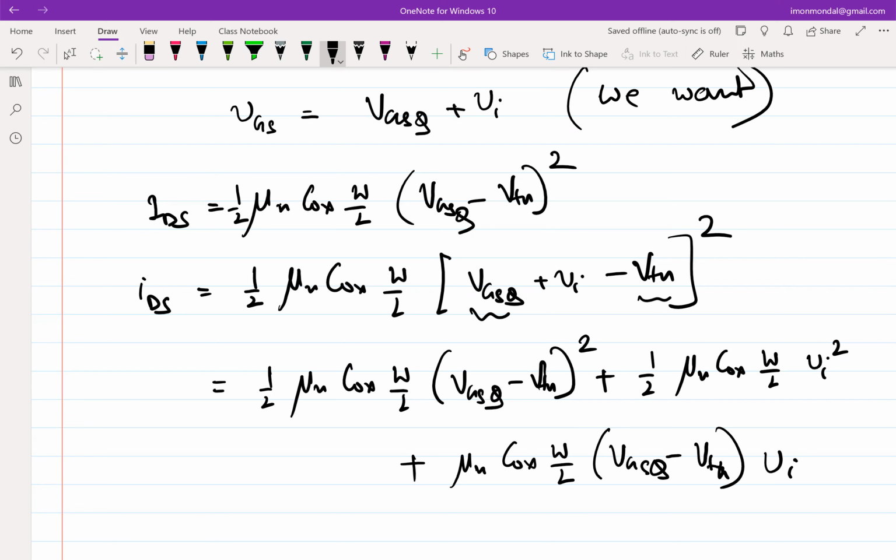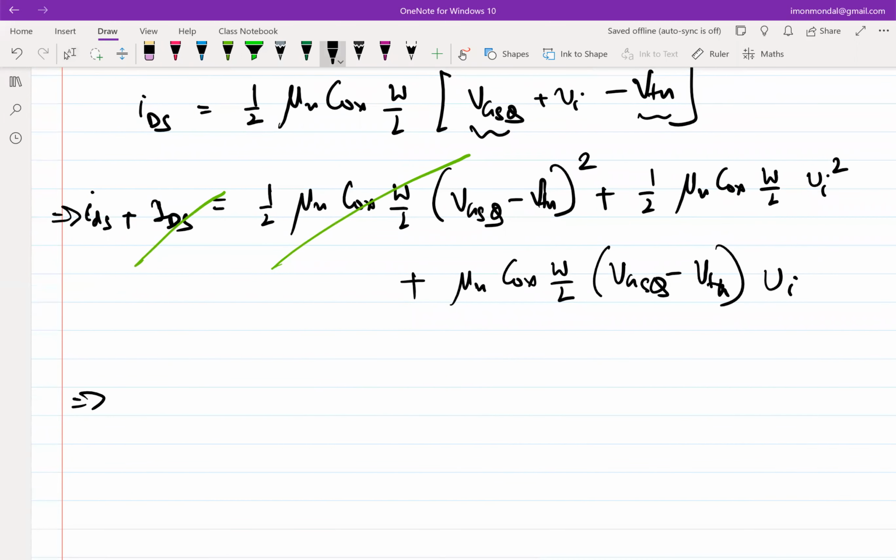So this IDS is the incremental IDS plus the quiescent IDS. This quiescent IDS goes, and you are left with the other terms. This is the linear term with respect to VI.